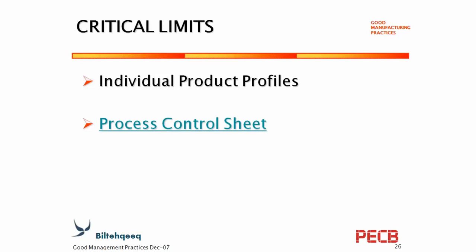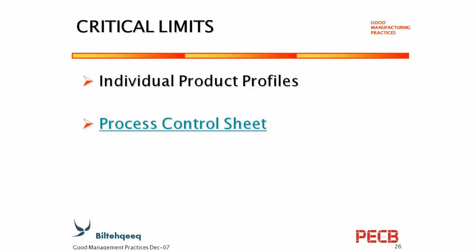So these critical limits can be different for different products. Each product has its own profile, and these limits will be different for different products. Maybe a certain temperature is good for one product, but the same temperature is not good for any other product.